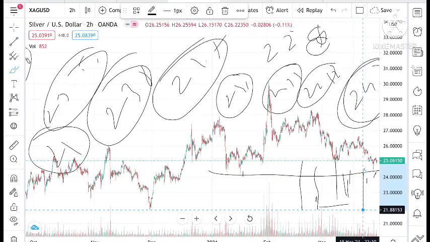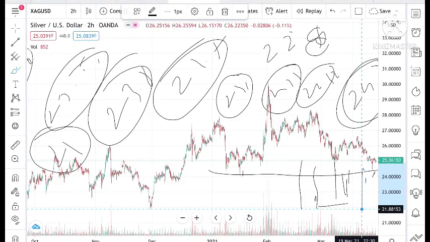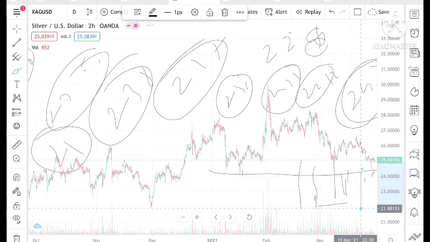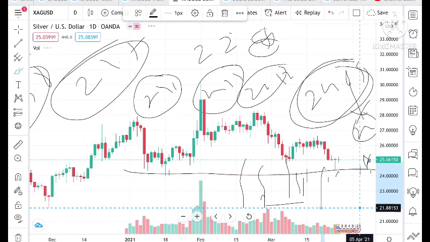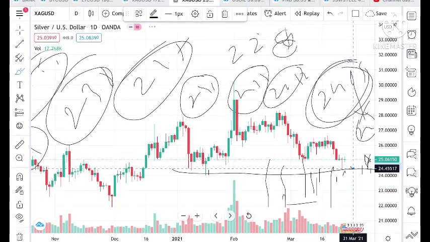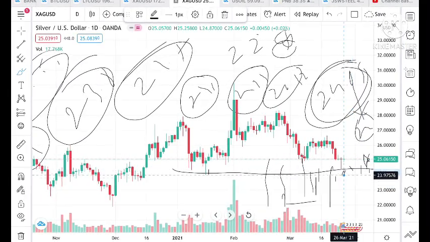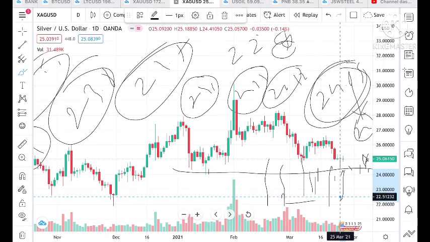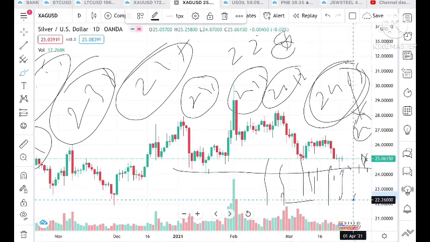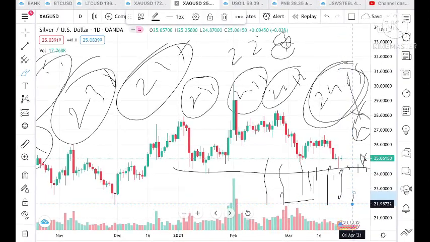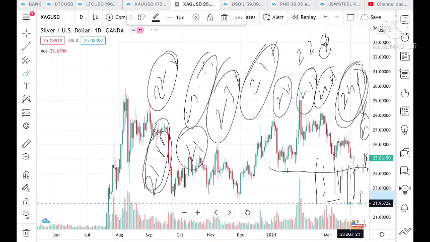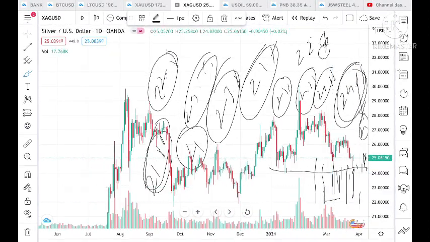This is what you have to understand, because this is the level we can see at 22.5, and then we can see a level of 21.9. Once 21.9 is touched, because we can see a strong support at this level, once this is broken, we can see a level of 21.7.